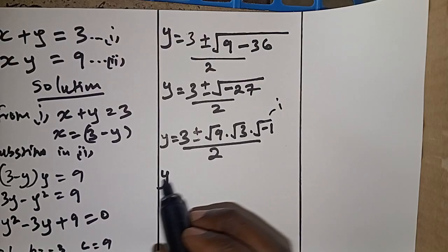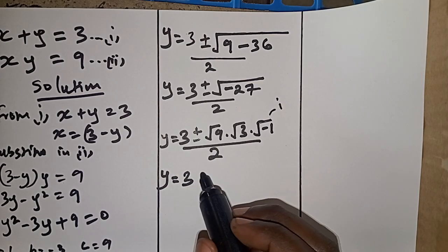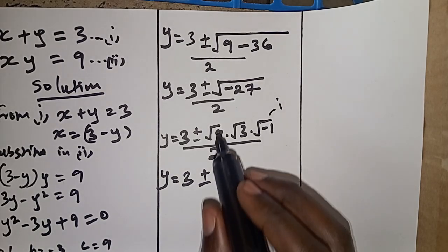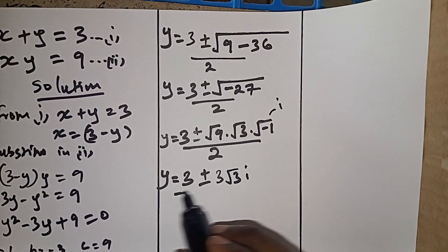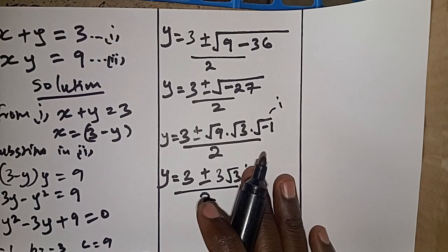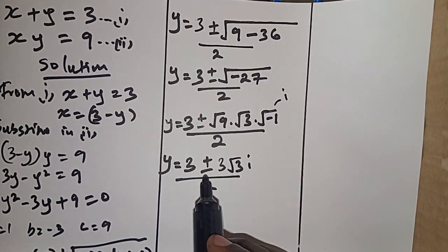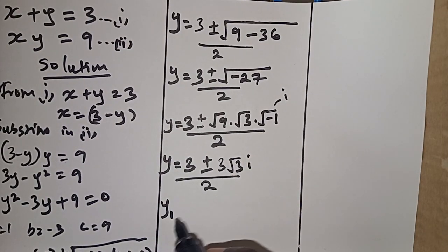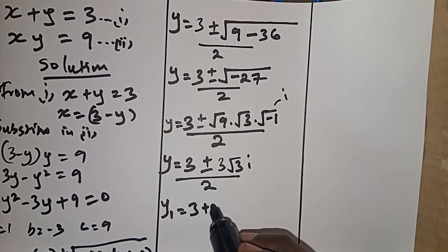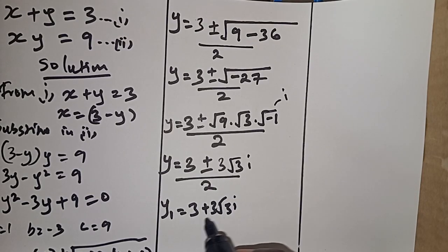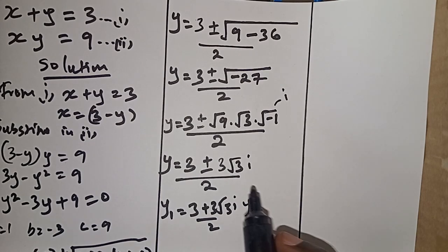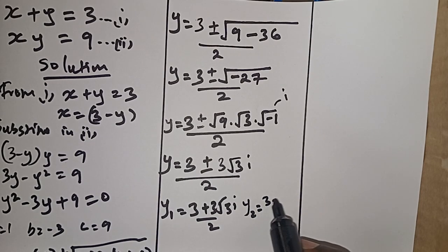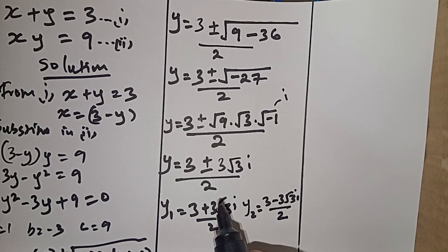So the final y becomes 3 plus or minus 3 root 3 i divided by 2. Since this is plus or minus, the first y is 3 plus 3 root 3 i divided by 2, or the second y will be 3 minus 3 root 3 i divided by 2.